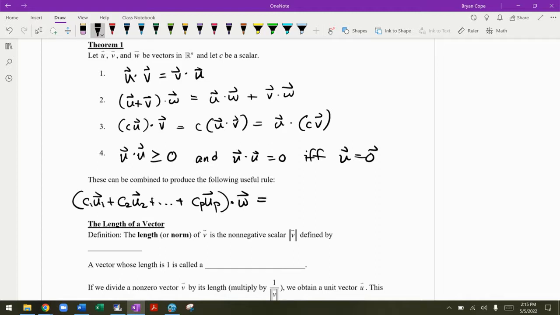If you combine the distributive property with scalar multiplication and dotting, you can write this as C1 U1 dot W plus C2 U2 dot W all the way out to CP UP dot W.